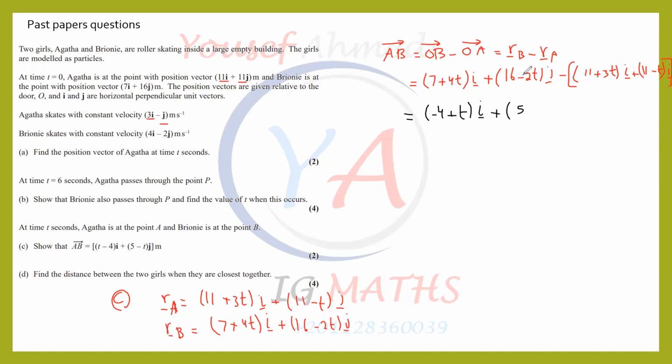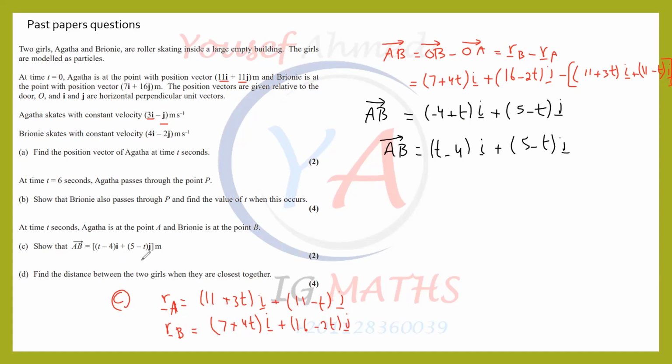And then you have negative 2t minus t, so negative 2t plus t, it will be negative t in j direction. You can just rewrite it as t minus 4 in i direction added to 5 minus t in j direction. This is AB as what's required in the question.